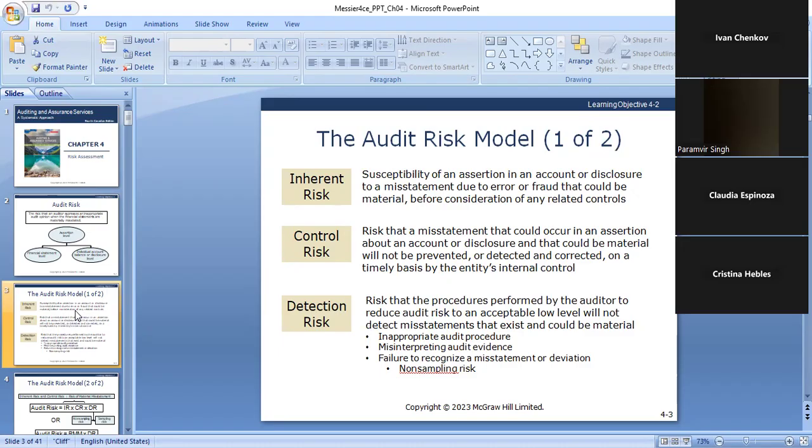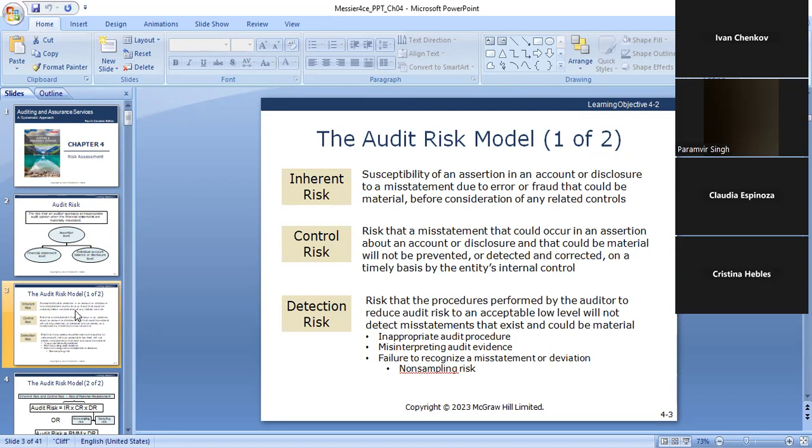Then we're going to the detection risk. Detection risk is the risk that procedures performed by the auditor to reduce the audit risk to an acceptable level will not detect a misstatement that exists and could be material.